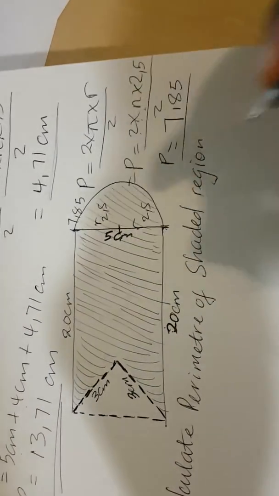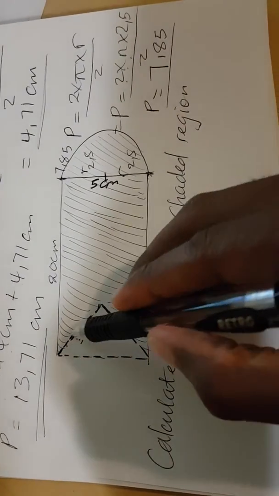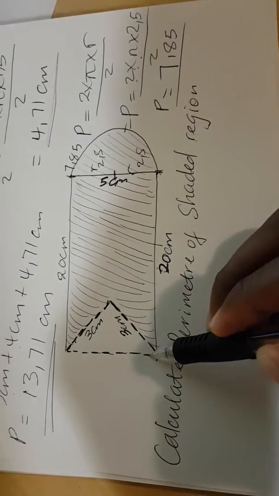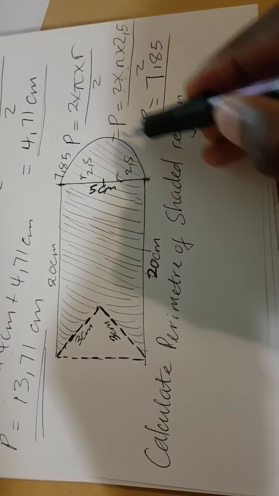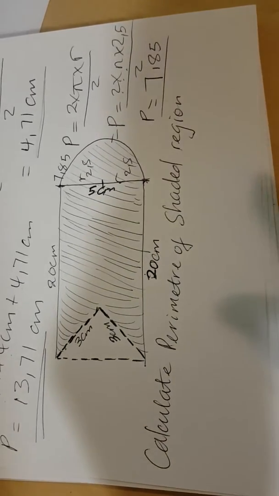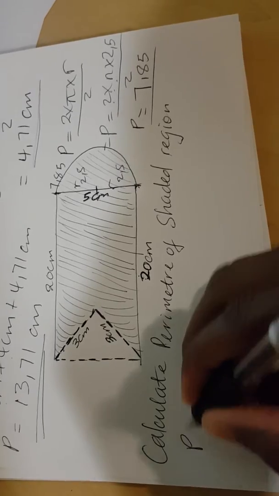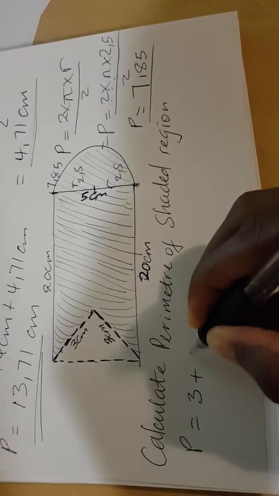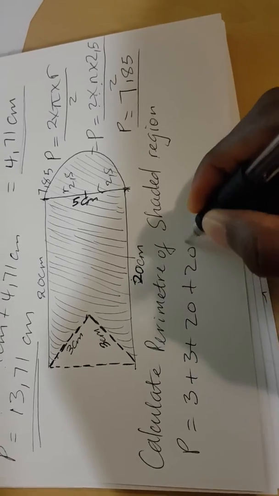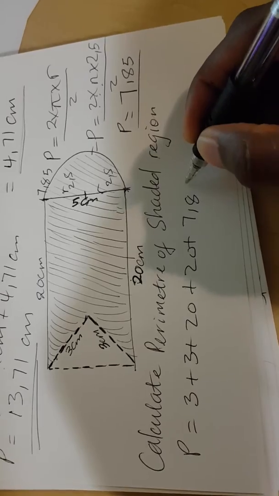Now to calculate the perimeter, you have to add all exterior sides. We have 3 centimeters to here, 3 centimeters to here, 20 centimeters to here, 7.85 to here, and another 20 centimeters to here. So perimeter is equal to 3 plus 3 plus 20 plus 20 plus 7.85.